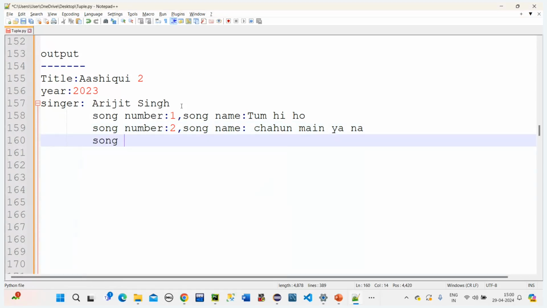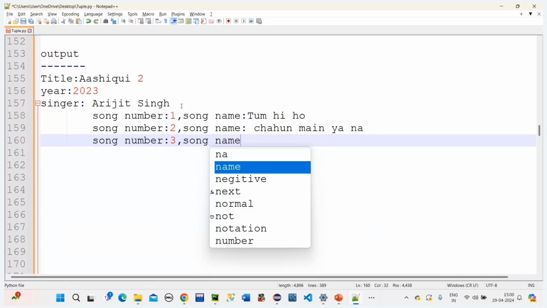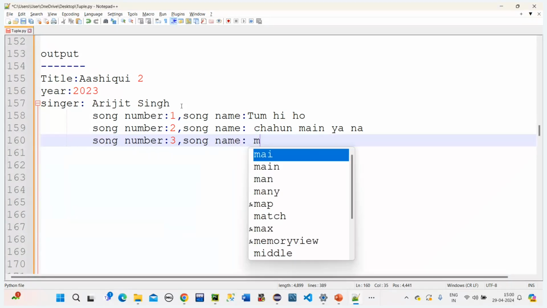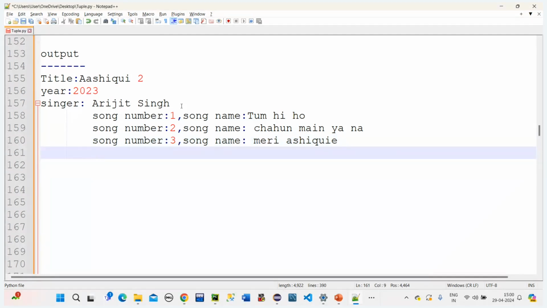Okay. Song number, again it is 3. Song name. What is the next song name? Meri Aashiqui. So like this it should be.